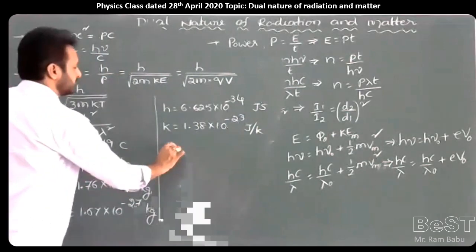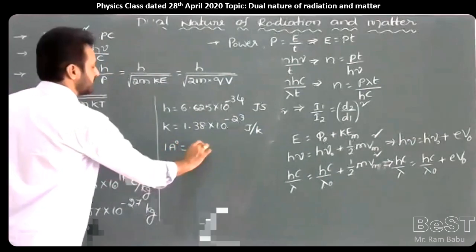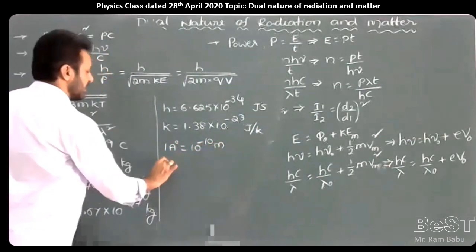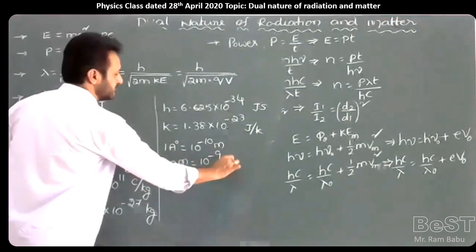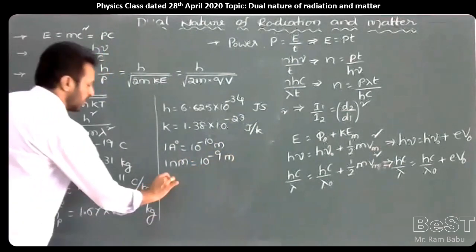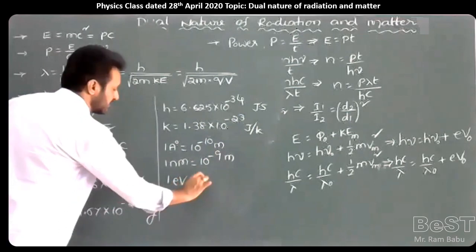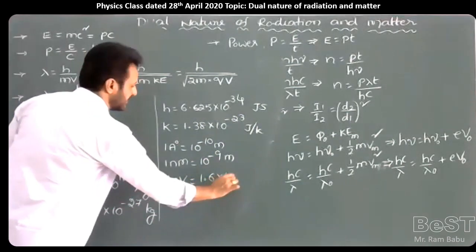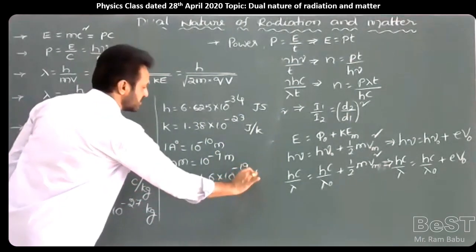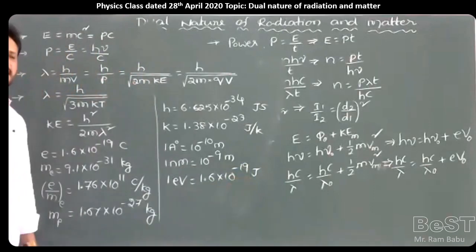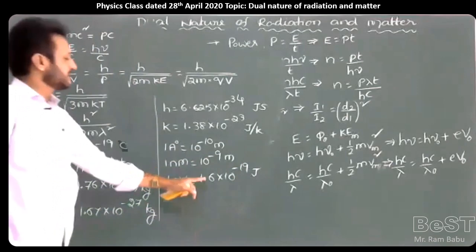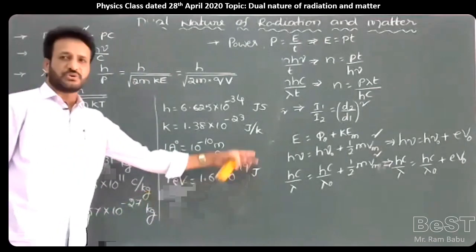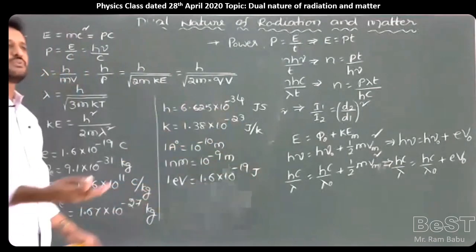One angstrom is equal to 10 to the power of minus 10 meter. One nanometer is 10 to the power of minus 9 meter. One electron volt is equal to 1.6 into 10 to the power of minus 19 joule. So to convert electron volt to joule, we need to multiply with 1.6 into 10 power minus 19. To convert joule to electron volt, we have to divide.